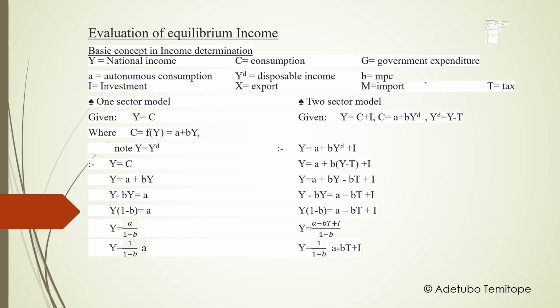Your disposable income. The amount you consume is your disposable income in a one sector economy. Y equals YD. So what we just need to do is to substitute the value for C in that one sector model.